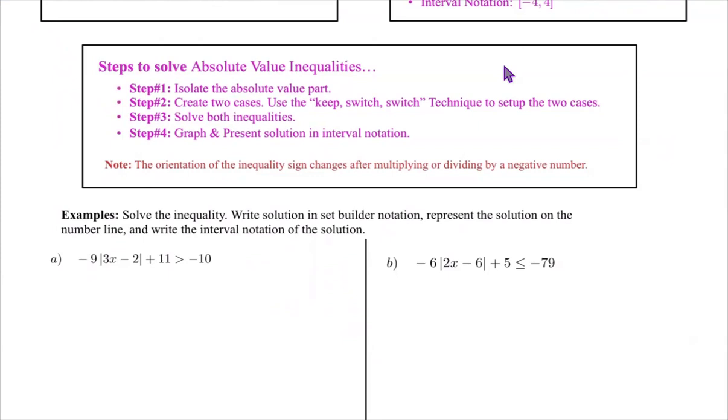If you are requested to present the solutions in all forms, like interval notation, set builder notation, and graph, you will do that. But first, you need to solve the inequality. And remember, the same thing that we talked about earlier: if you multiply or divide both sides of the inequality, the inequality sign changes direction, it changes orientation.